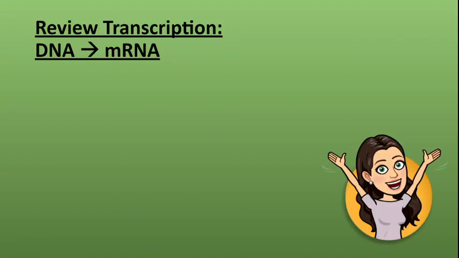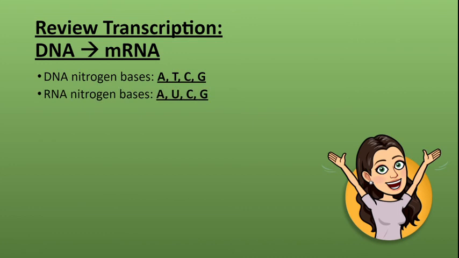Now, let's do a quick review of transcription from DNA to mRNA. Our DNA nitrogenous bases are A, T, C, and G, which we already know from our last PowerPoint. But our RNA nitrogenous bases are going to be A, U, C, and G. So remember, we're replacing that T with a U in RNA.